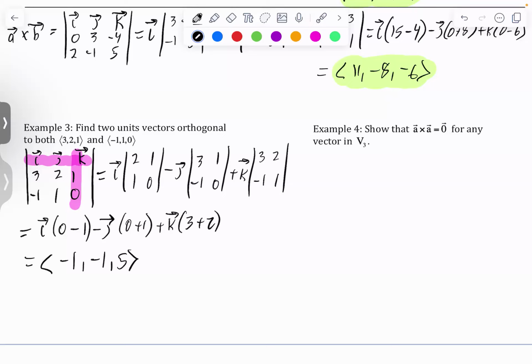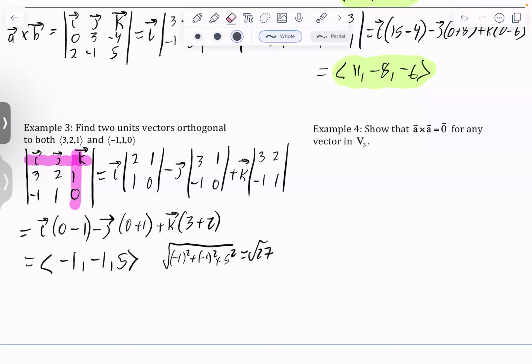And we're not done. I have to find its magnitude. So that's going to be the square root of 1 plus 1, that's 2, plus 25 is root 27.